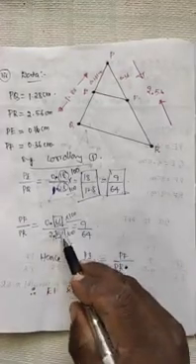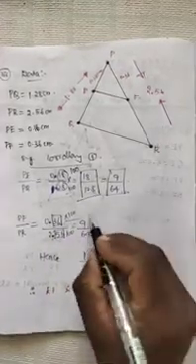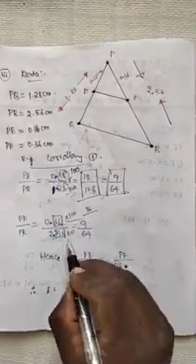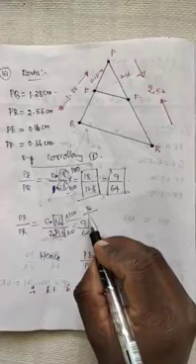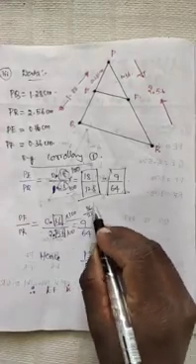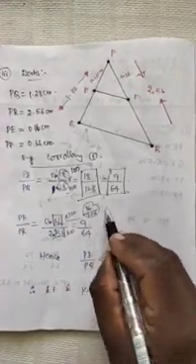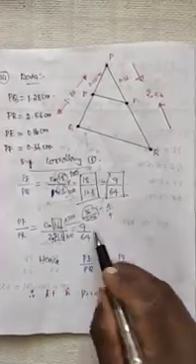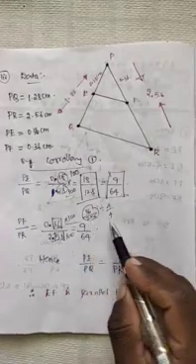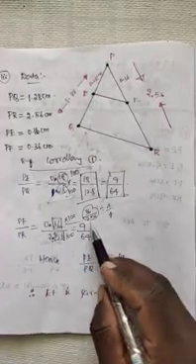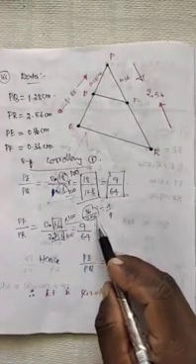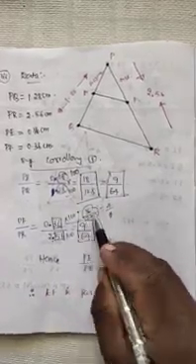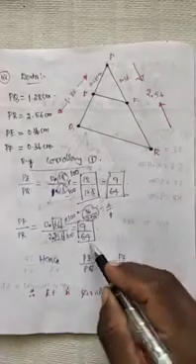We get 36 and 256. Dividing by 4 on both numerator and denominator, 4 9s are 36, 4 64s are 256. Hence the simplest form of 36 by 256 is 9 by 64.